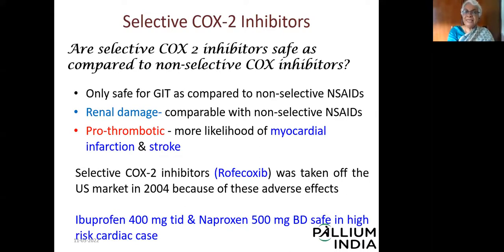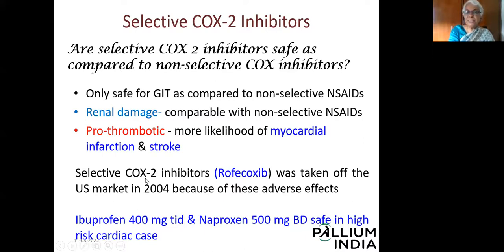Now, surprisingly, where only the GIT is concerned, it is actually safe. That means it does not have an adverse effect on the GI mucosa. But where renal damage is concerned, it is as bad as the non-selective NSAIDs. On the other hand, the major disadvantage with selective COX-2 inhibitors is that they can be prothrombotic, and there is more likelihood of myocardial infarction and stroke, particularly in high-risk patients.